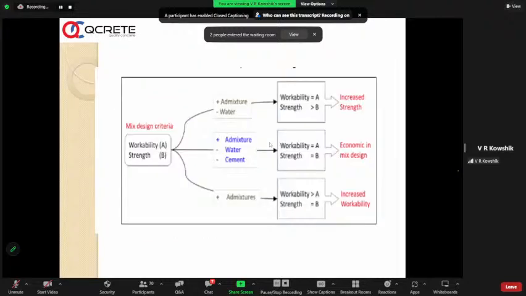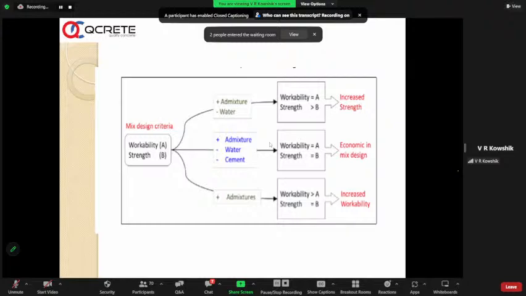Then sulfonated naphthalene formaldehyde and melamine formaldehyde came. Most ready-mix manufacturers and concrete producers don't bother about this information depicted here. They just take a particular cement content, add a particular dosage of admixture, produce the concrete, and see whether the slump is retained for 1.5, 2 or 3 hours.